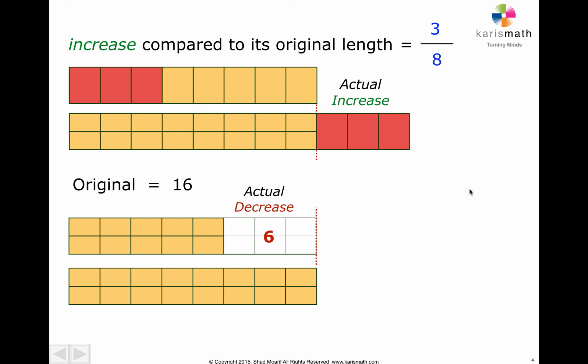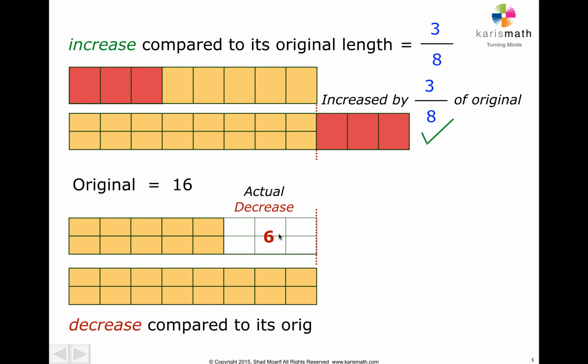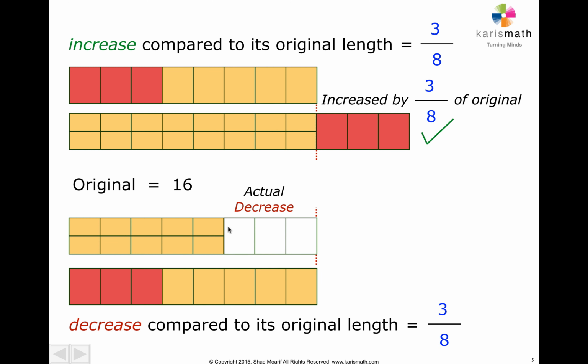The same thing, if we do this for decrease, well, the decrease is 6 compared to its original length. What fraction of the original length is the 6 by which we decreased? So again, it's 6/16, which reduces down to 3/8. So we now decrease this by 3/8 of the original.